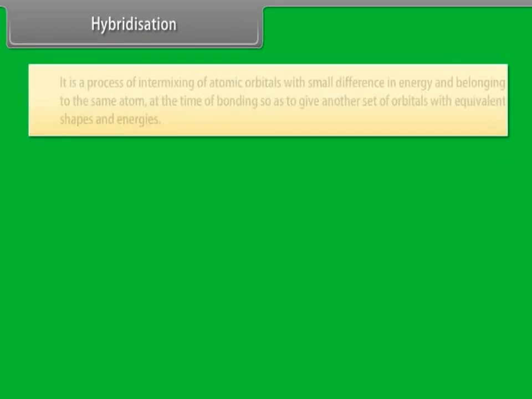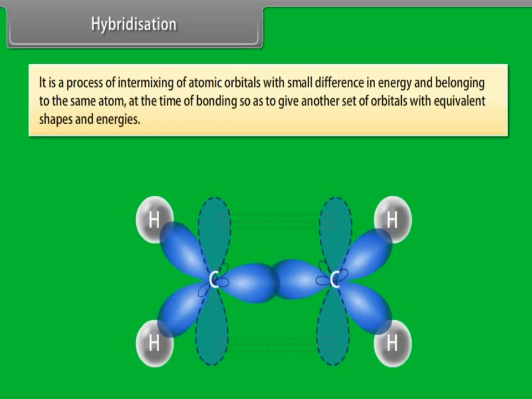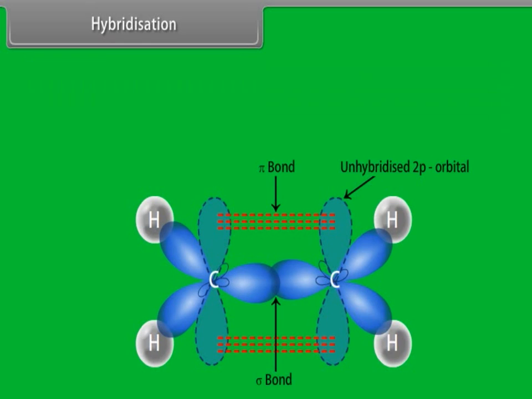Hybridization. It is a process of intermixing of atomic orbitals with small difference in energy and belonging to the same atom at the time of bonding so as to give another set of orbitals with equivalent shapes and energies. Different types of hybridization depend upon the type of atomic orbitals which are used for intermixing.